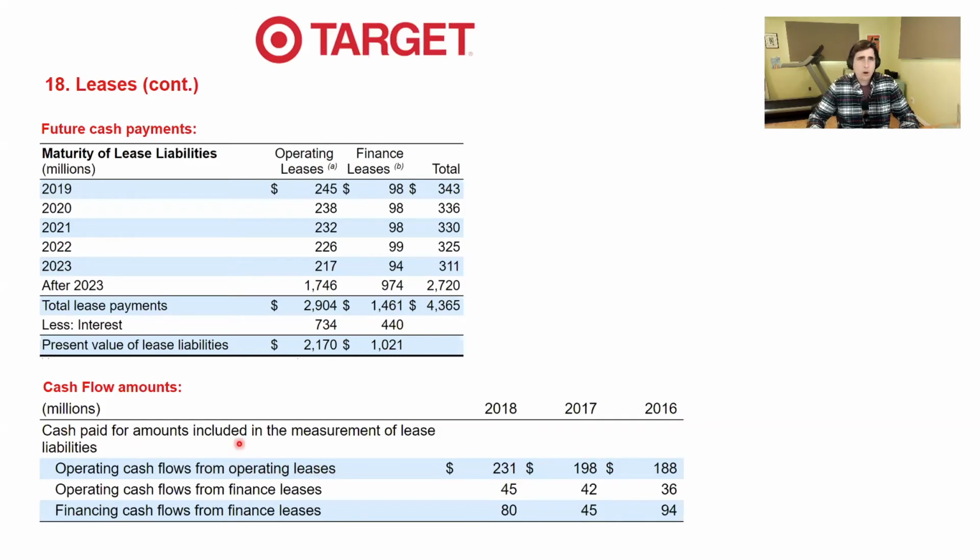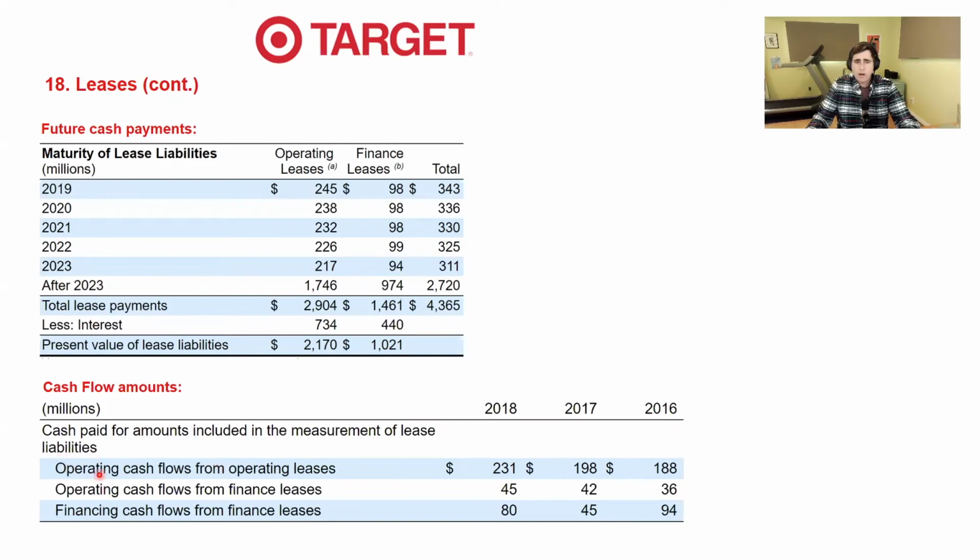Operating leases are considered, you know how we consider it just rent expense on the income statement, just one type of expense? It's just rent expense. It's the cost to rent that asset. Well, it's the same for cash flow purposes. That rent expense is just an operating cash outflow. And so this $231 million cash outflow is just an operating cash outflow from operating activities, okay?